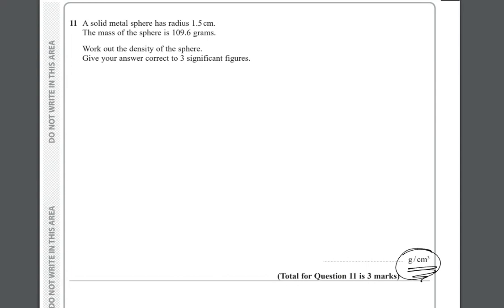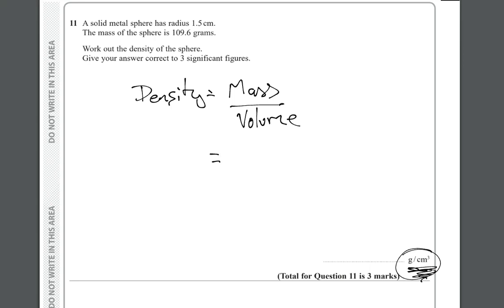So we need the number of grams, which is the mass, divided by, because it's per, centimetres cubed. Well, that's the volume. So if you forget, always look down at the units because they can be a real help. Density is mass divided by volume.